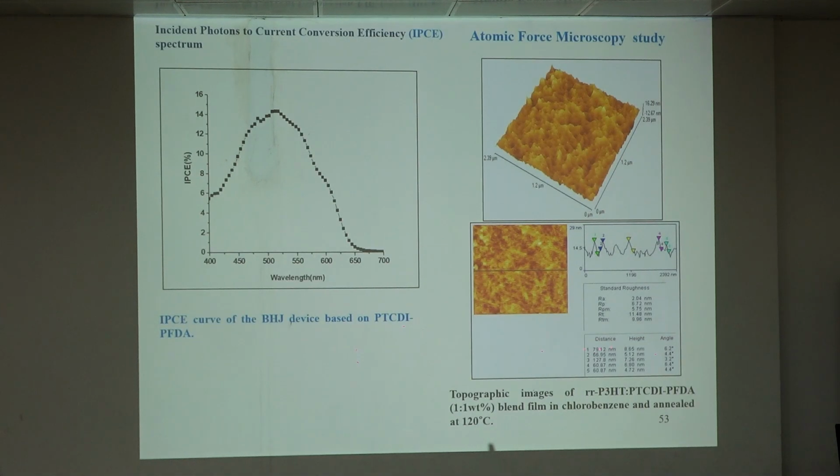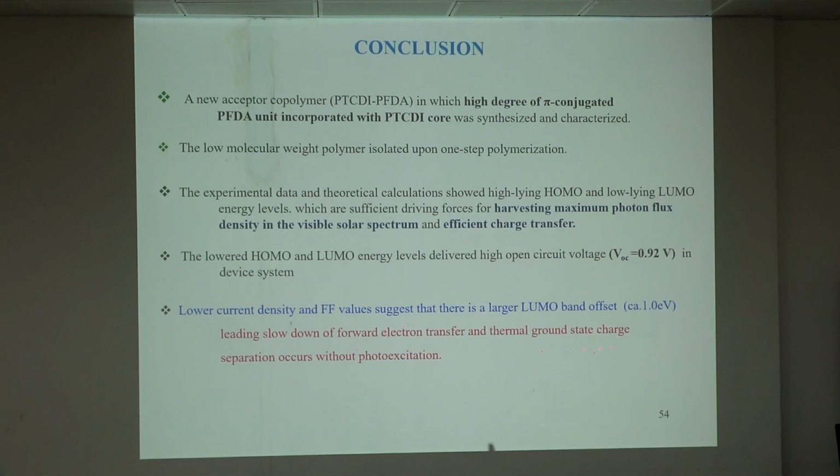So when you do the IPCE and your HOMO calculations, AFM roughness factor plays an important role for the compound. Since it is a bulk heterojunction, we have both the polymers on a single layer, so we can notice the bulk heterojunction is very good actually.